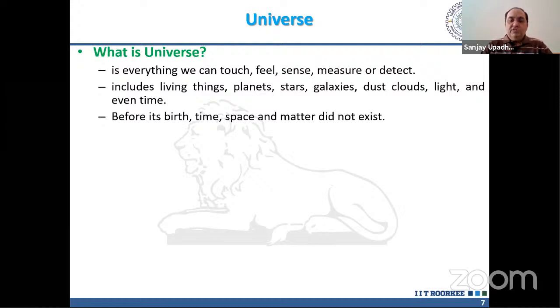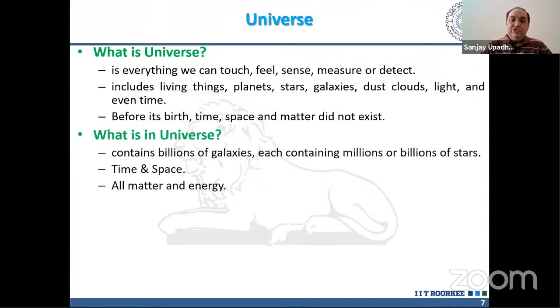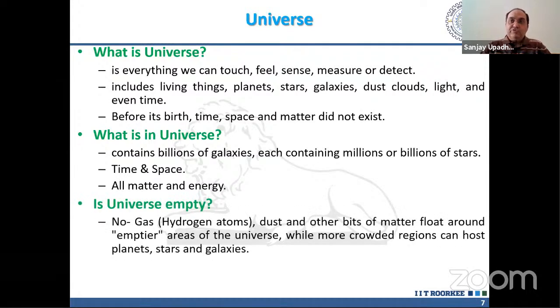The universe contains billions of galaxies, each containing billions of stars, time, space, all matter and energy. So what is in the universe? Then, is the universe empty? No. Gas, hydrogen atoms, dust, and other bits of matter float around the emptier areas of the universe, while more crowded regions can host planets, stars, and galaxies.